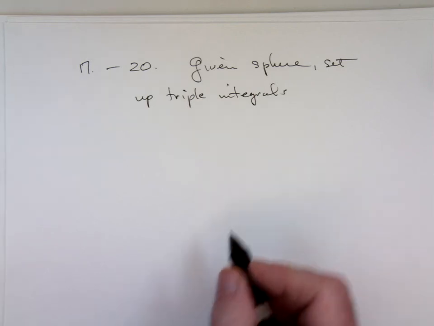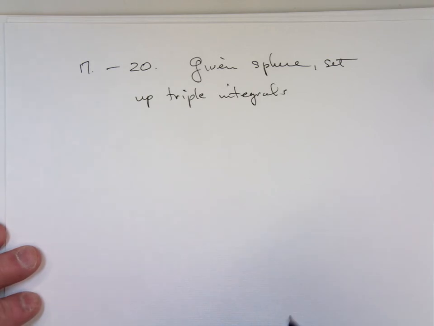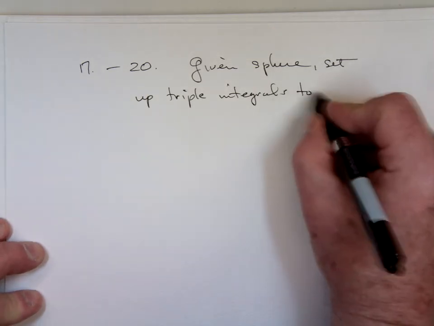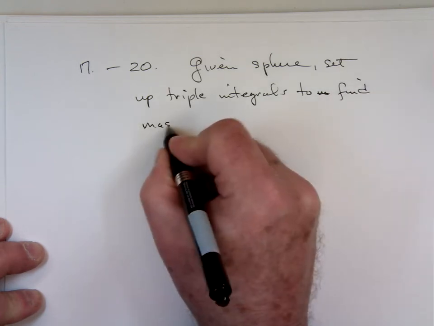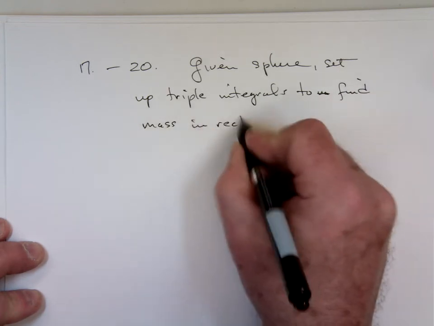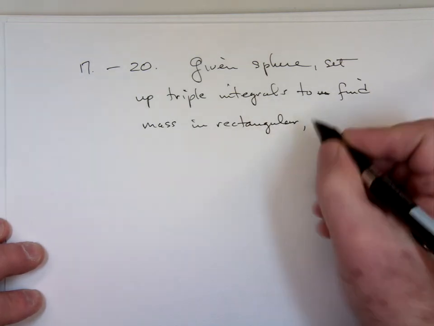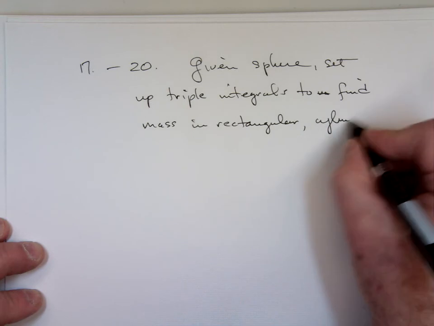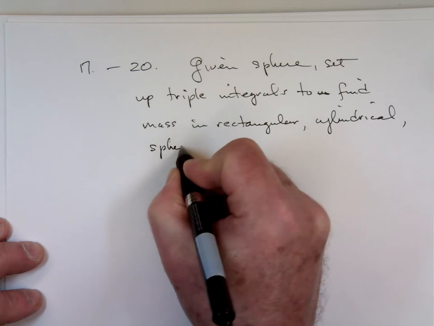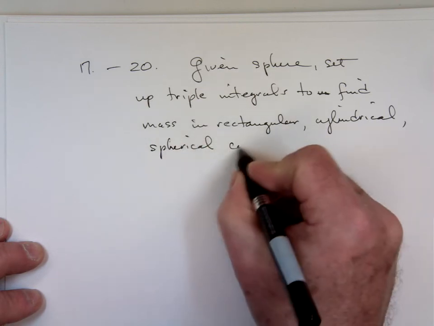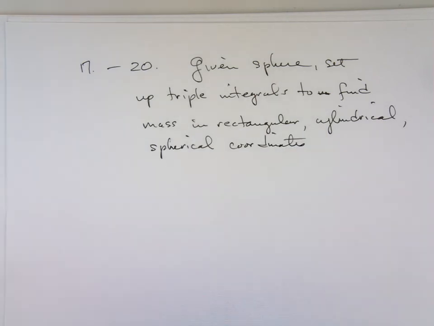Define them to find mass in rectangular, cylindrical, spherical coordinates. So you have a triple integral in rectangular, triple integral in spherical, and triple integral in cylindrical.